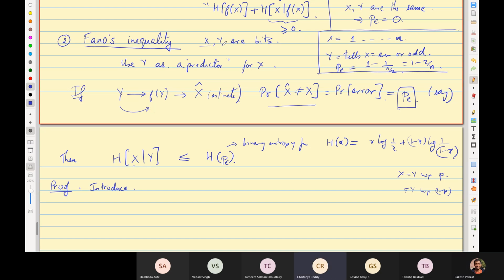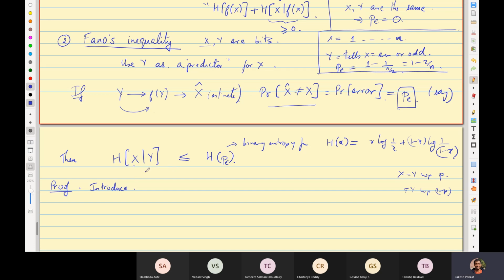So sir, Fano's inequality says the entropy of X given Y, so how much information about X that we get, is upper bounded by the error probability, right? Right, because if the error is very large, that means Y is not conveying or causing any reduction in the uncertainty of X. So H of X given Y should also be large.